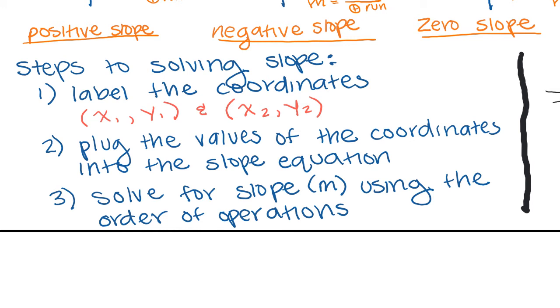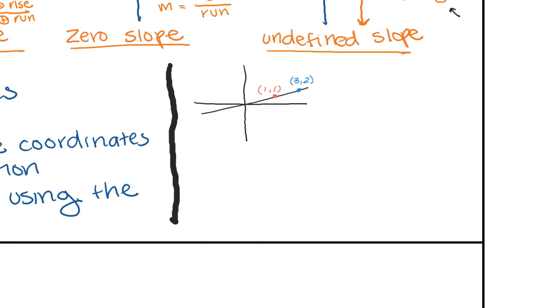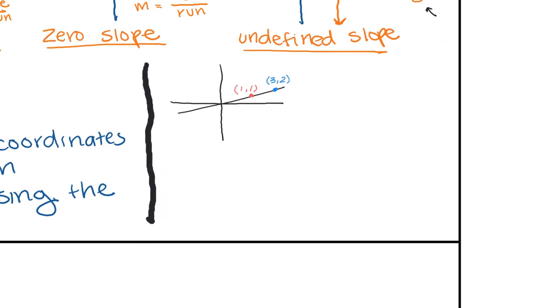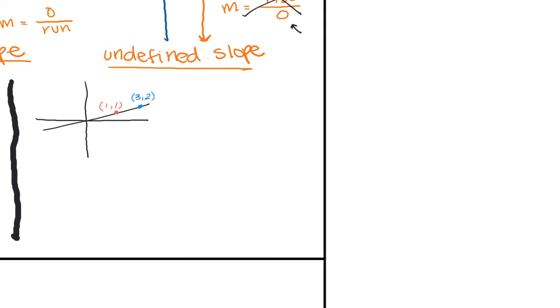So the first step is to label the coordinates, all right? So if we have a line, we are looking for 2 coordinates. It could be any coordinates you want on the line, but you need to label them as x1, y1, and x2, y2. All right, so in this example here, I'm going to zoom in a little bit more.